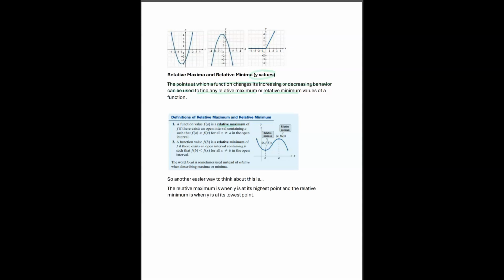And a function value f of b is a relative minimum of f if there exists an open interval containing b such that f of b is less than f of x for all x not b in the open interval. Notice that the word local can sometimes be used instead of relative. They mean the same thing, okay? It just means they're not the most extreme high or the extreme low of the graph. It's just the local or the relative one.